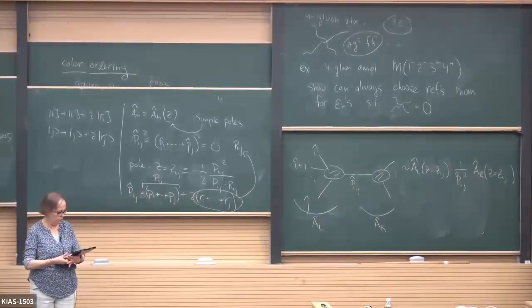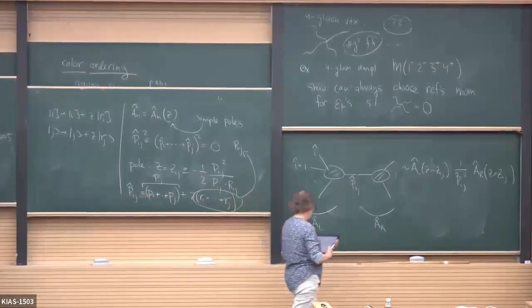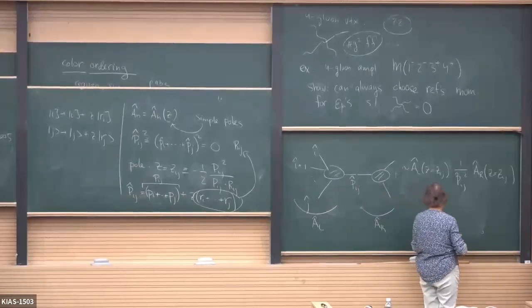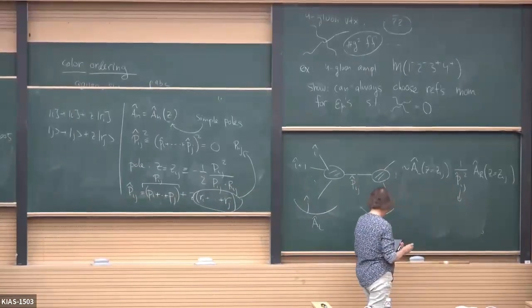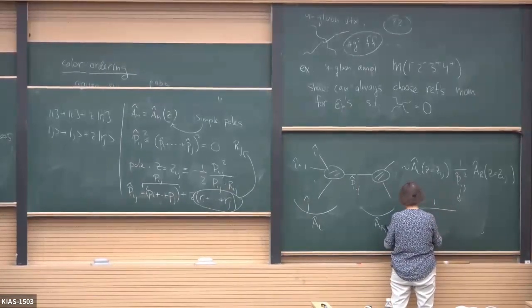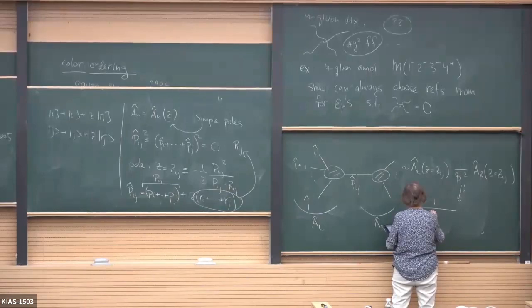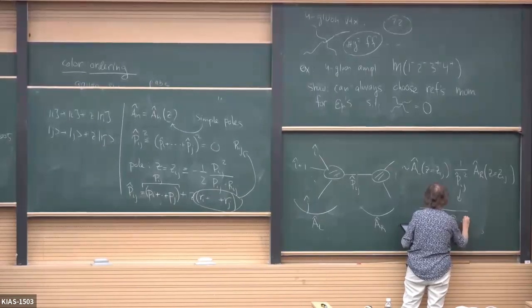Now we can simplify this object here. So this is going to be P_ij squared plus 2z P_ij dot R_ij.